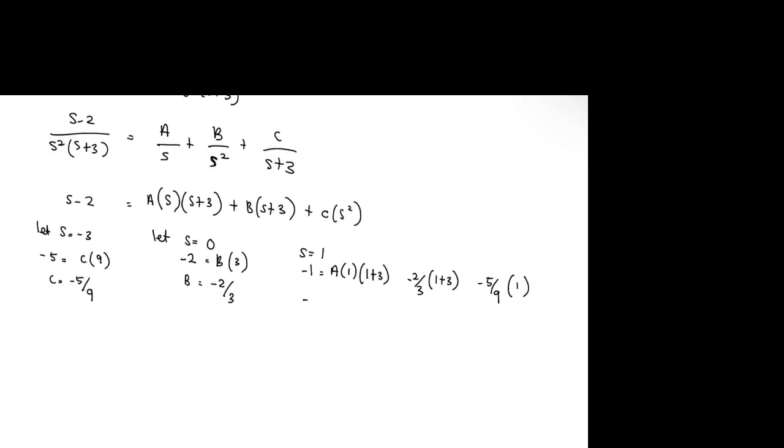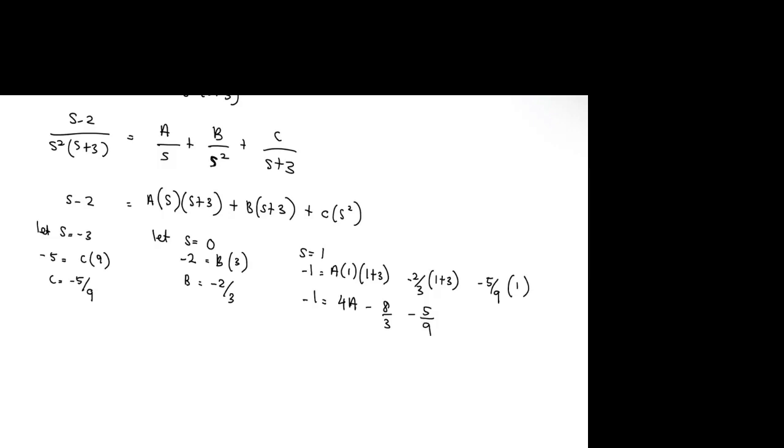So we have minus 1 equals 1 times 4, so 4A, minus, since 1 plus 3 is 4, 4 times 2 is 8 over 3, minus 5 over 9.